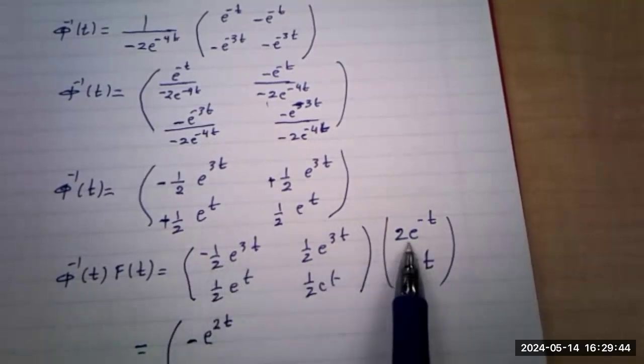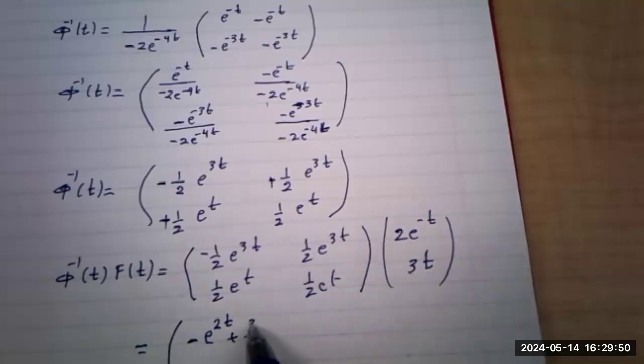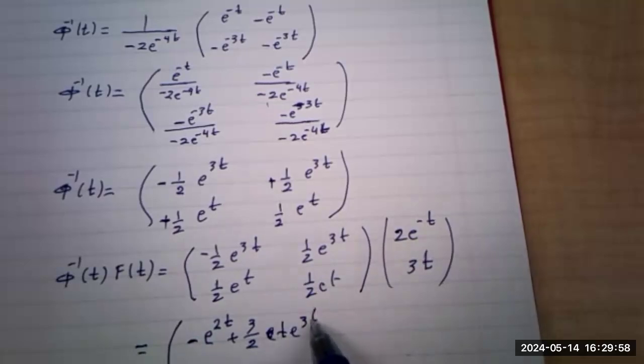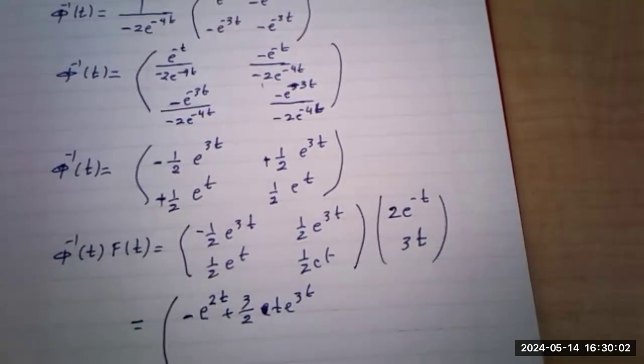Then the dot product of these two together is going to be plus 3/2 t e to the 3t. Okay, so it's going to be negative e to the negative 2t plus 3/2 t e to the 3t.